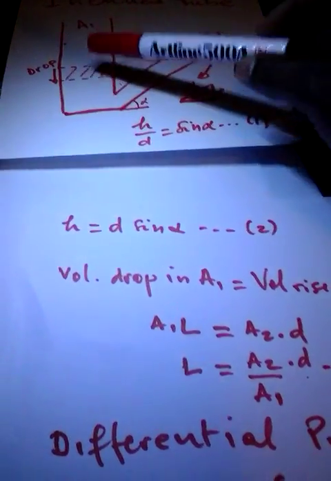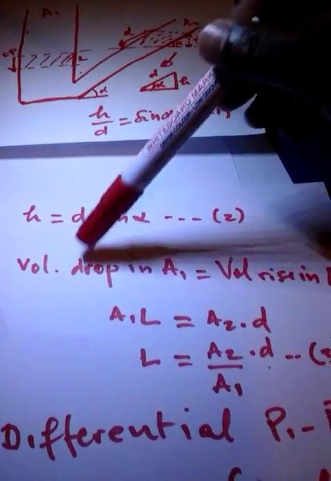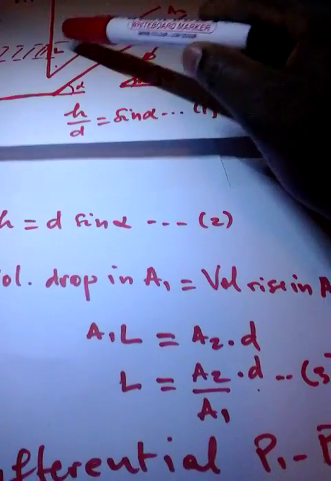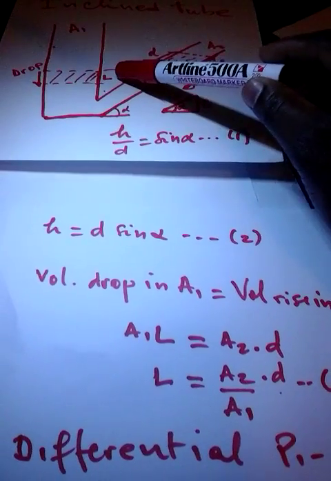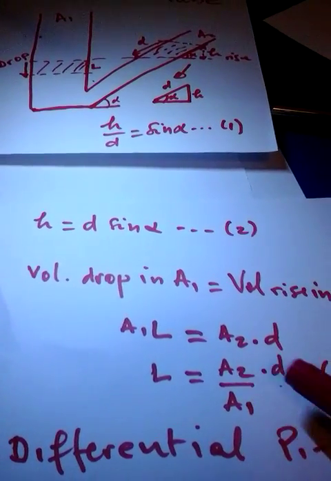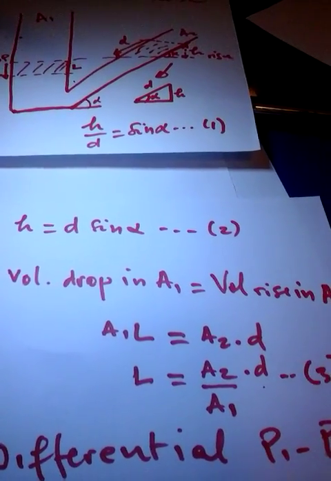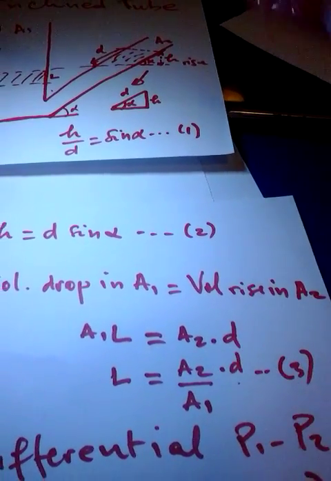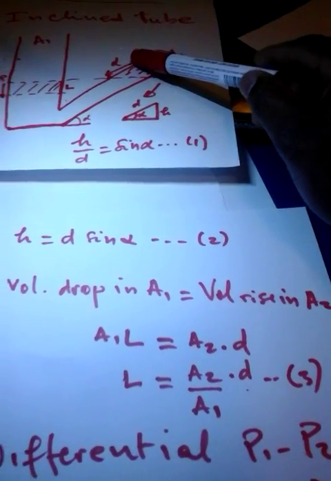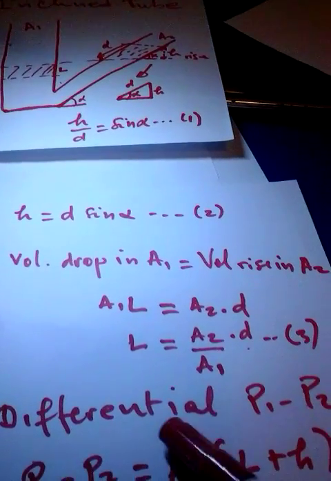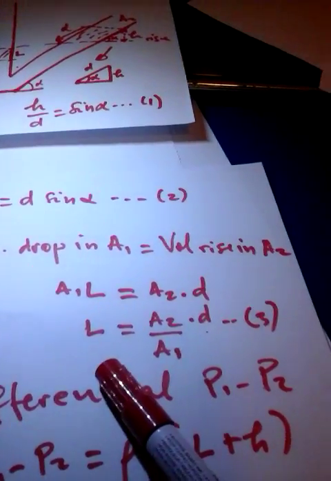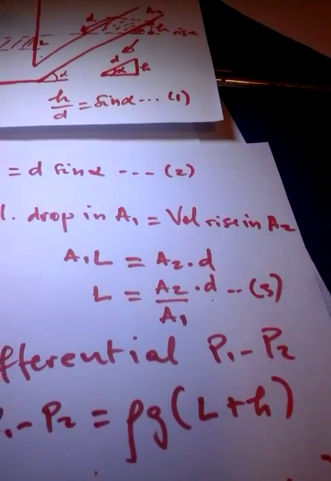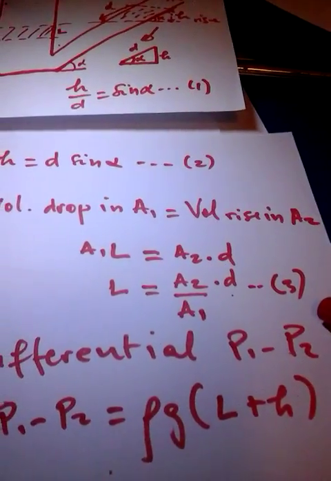With that, we know that the volume in A1 will be equal to area 1 multiplied by L, the drop in height, and the volume in A2 will be equal to area 2 multiplied by D, the distance there. From there we can substitute and get L. L is equal to area 2 over area 1 multiplied by D, the distance. We call that equation 3.